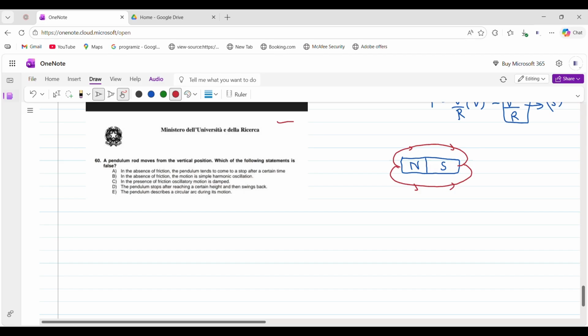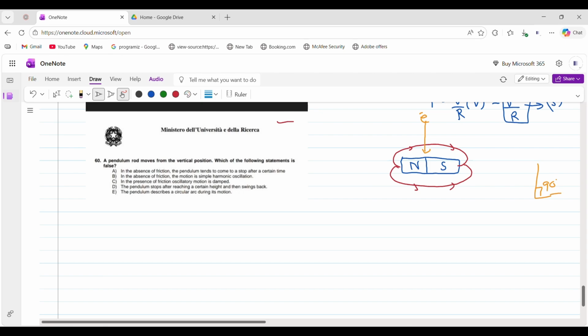Basically, in the question they have told us an electron has entered the magnetic field perpendicularly. So which means this is my electron. It has entered the magnetic field perpendicularly. Now how is it perpendicular? Perpendicular means 90 degrees.